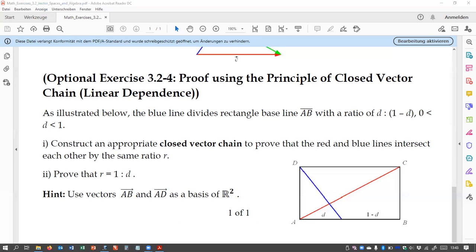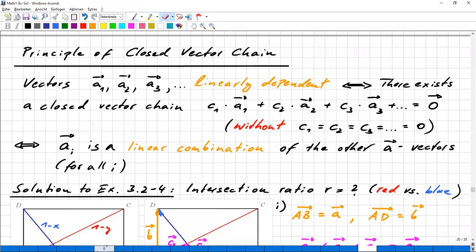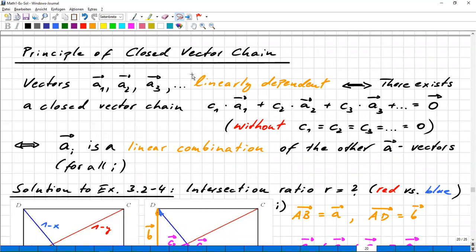And now the idea is, just to talk a little bit about the principle of closed vector chain. This is nothing really new. You remember the definition of linear dependence or also linear independence, which are quite the opposite of each other. So 3 or more, or any number of vectors, are linearly dependent.